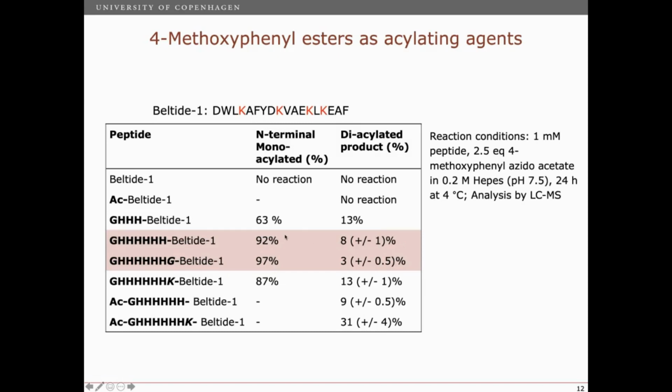From my point of view, this is a very nice, very selective acylation. If you separate this a little bit further from the main peptide segment, you can actually decrease the formation of the diacylation. If you block the N-terminal, you don't see a lot of acylation. If you place a lysine close to it, you get some increased diacylation. I will return to that in the second part of my talk.